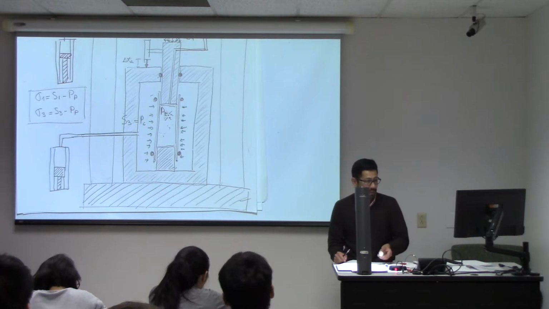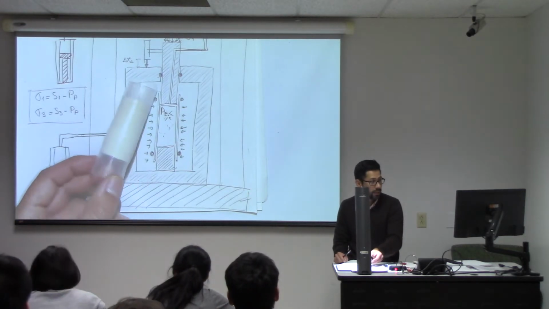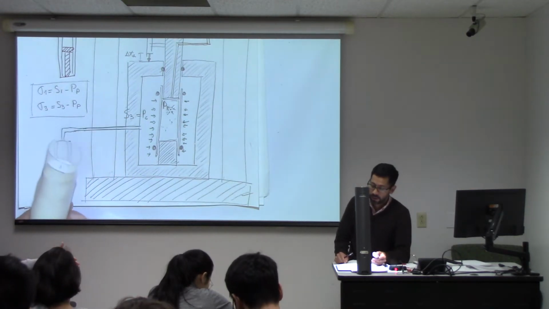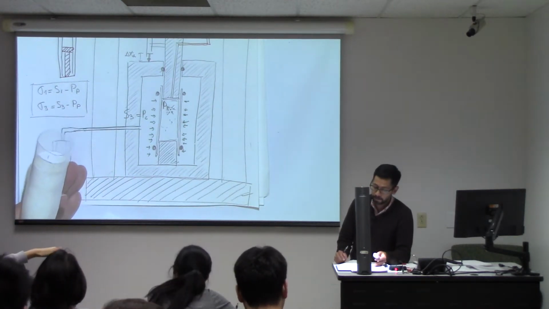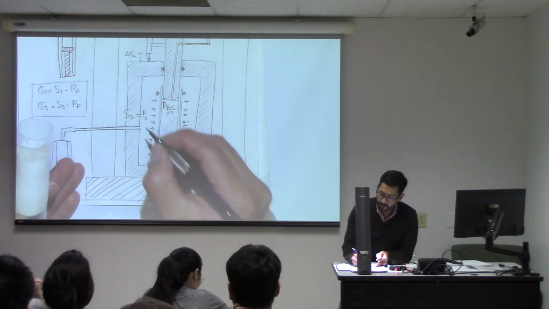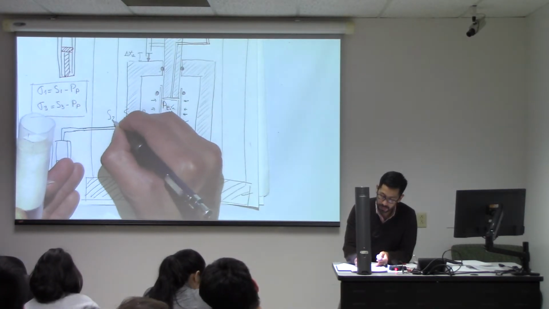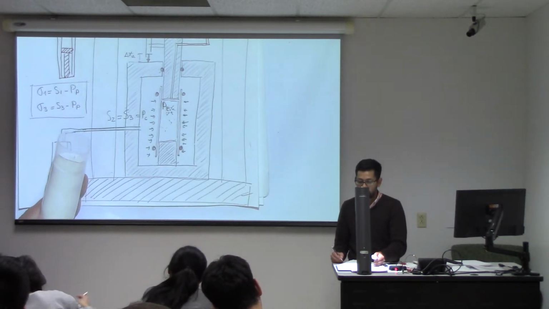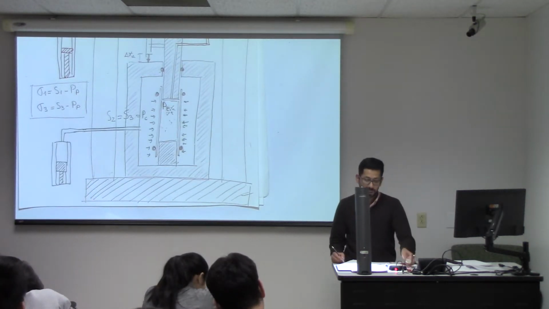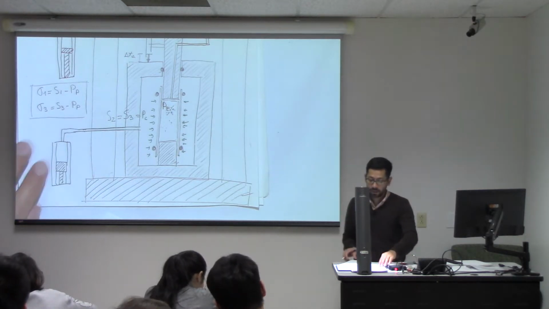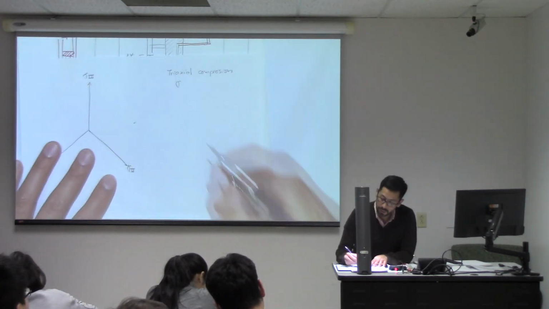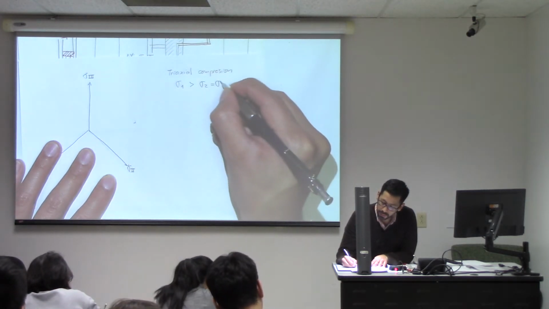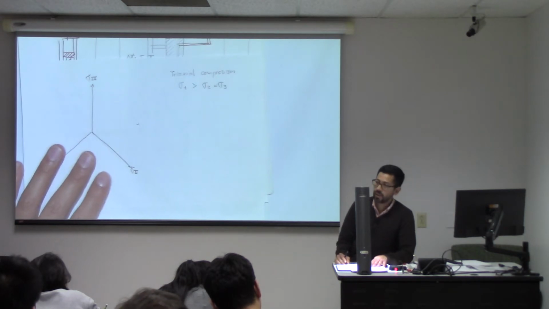Usually with the triaxial test, we use cylindrical samples. Because they are cylindrical, your S2 is going to be equal to your S3. So we call this one triaxial compression whenever the maximum stress is higher than the intermediate and the minimum principal stress, which are the same.